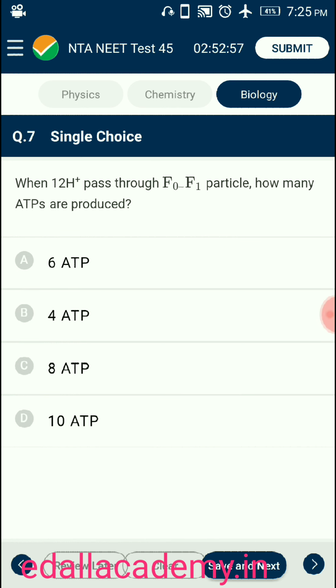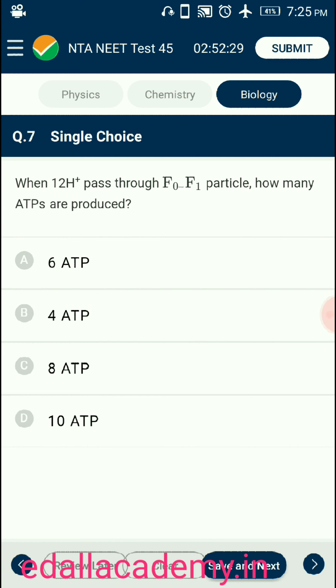Question number 7. When 12 H plus pass through the F0-F1 particle, how many ATPs are produced? The energy released during the electron transport system is utilized in synthesizing ATP with the help of ATP synthase enzyme. It is present in complex 5. This complex consists of two major components, F1 and F0.